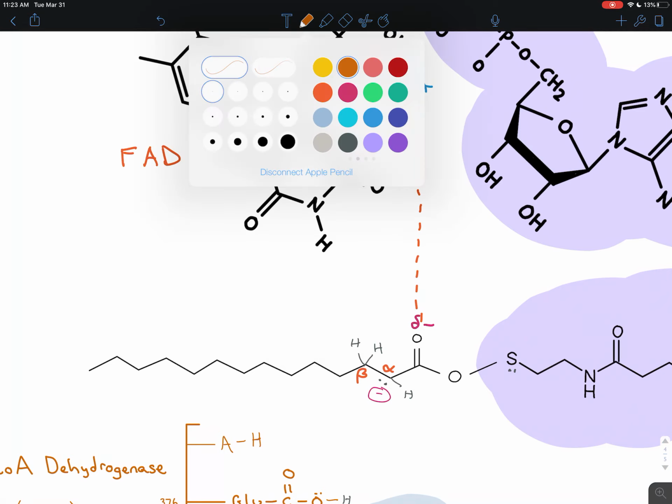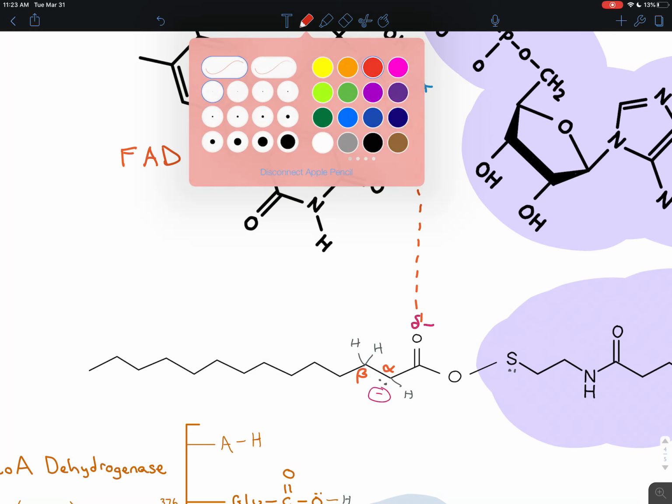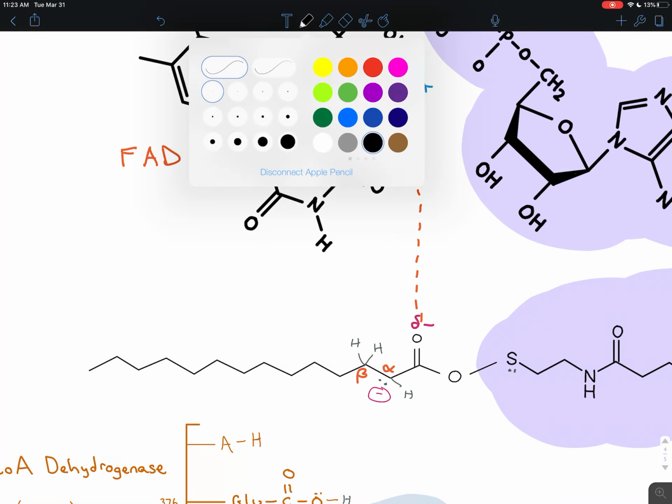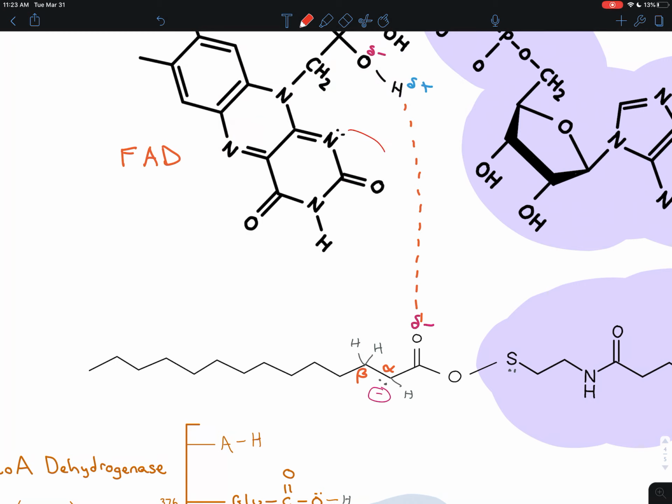On the one hand, because this nitrogen is close to this acid here, the lone pair on that nitrogen is trying to steal that hydrogen, and the electrons would snap back onto that acid there. So that's a pull.